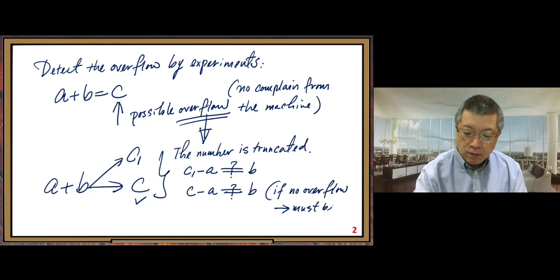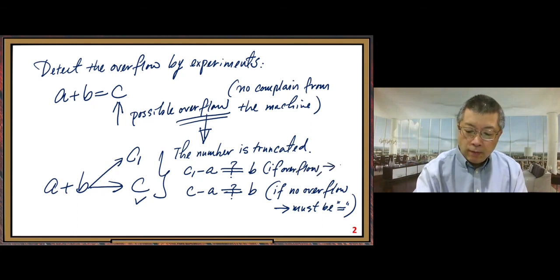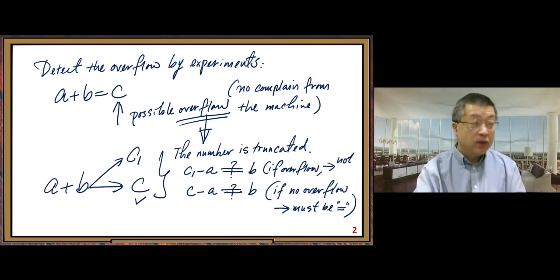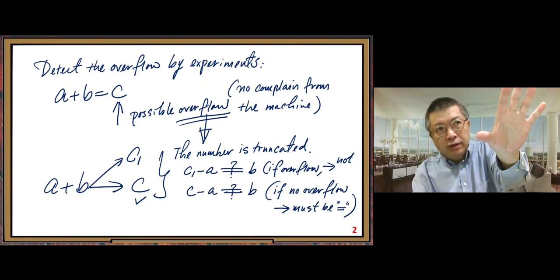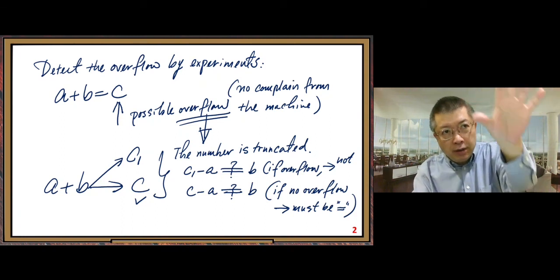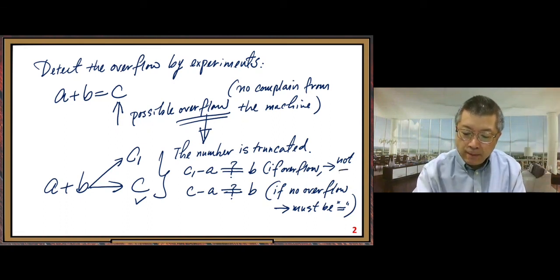If there is an overflow, not equal. Because truncated, you use that truncated number, do subtraction on A, so you get a number that's different from B. So not equal.